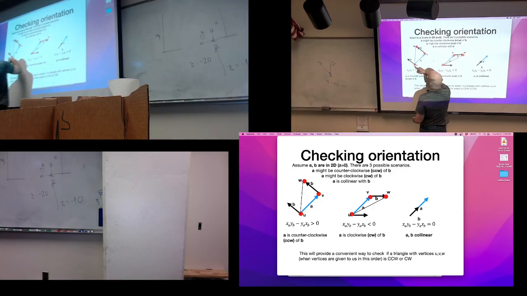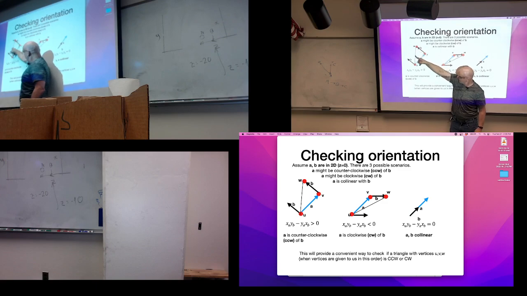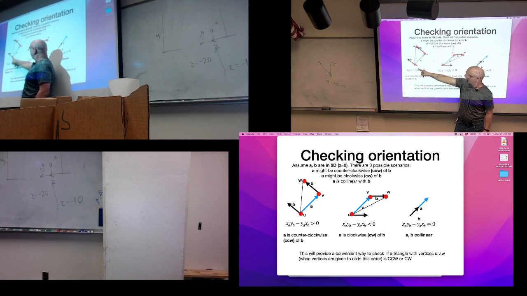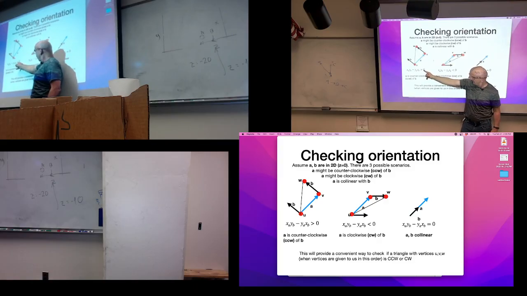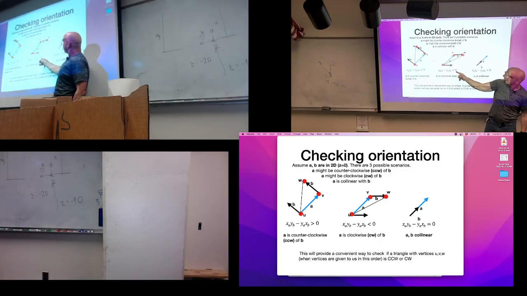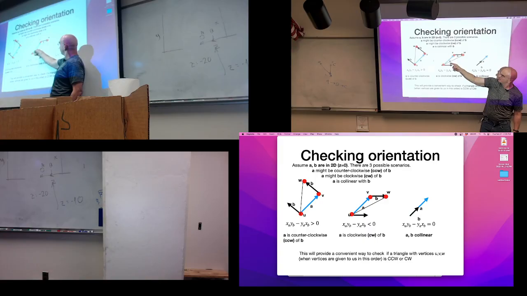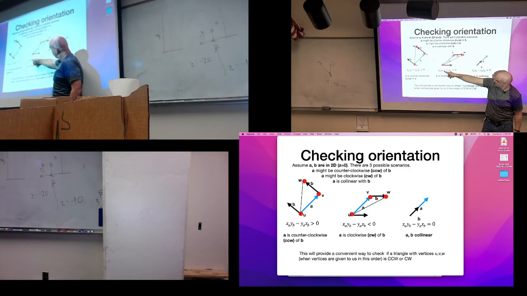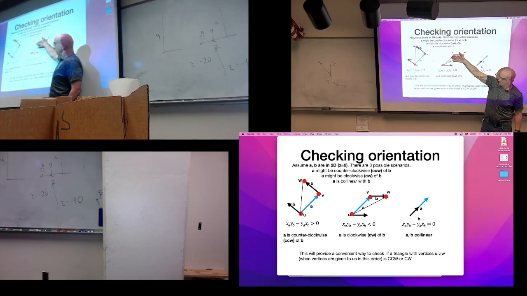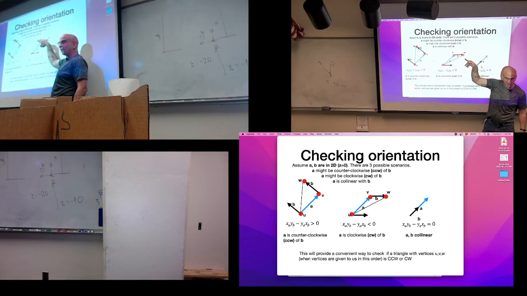If I tell you about the vertices in counterclockwise order, then this expression is positive. If it's negative, it means that I tell you about the 3 vertices in clockwise order, meaning the triangle is facing away from me. How do I know it?